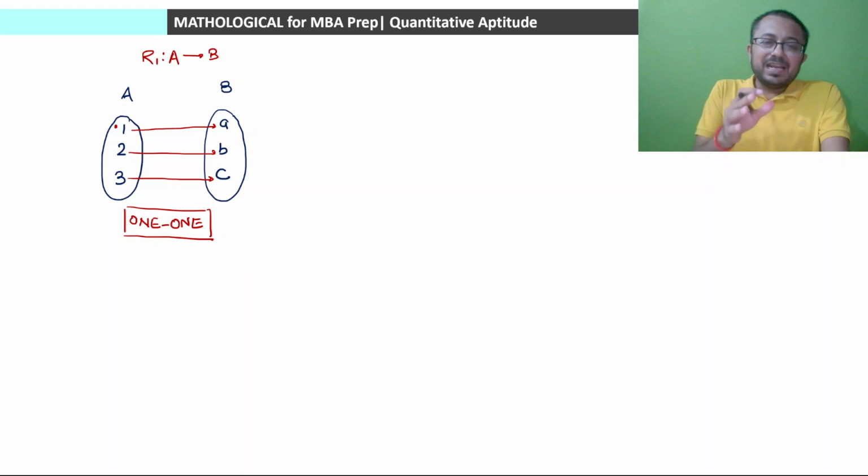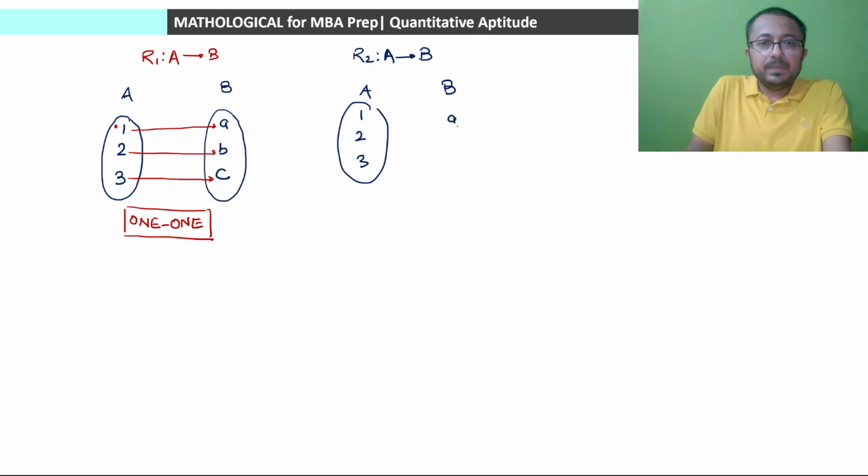Okay. The second scenario could be when some of the elements from set A are related to more than one element in set B. Let us represent it properly. So if we have A and B, let us say this is a relation R2 from A to B. A has elements 1, 2 and 3. B has elements a, b and c.